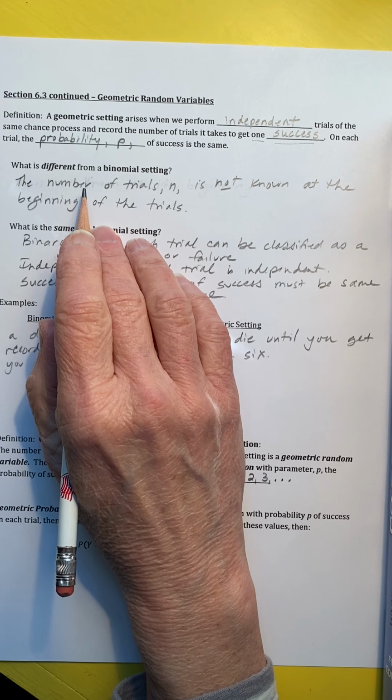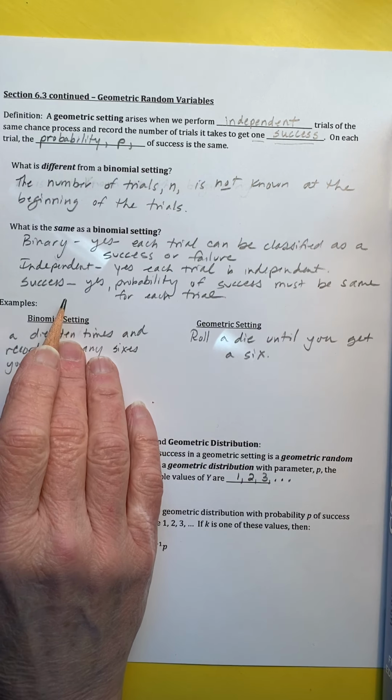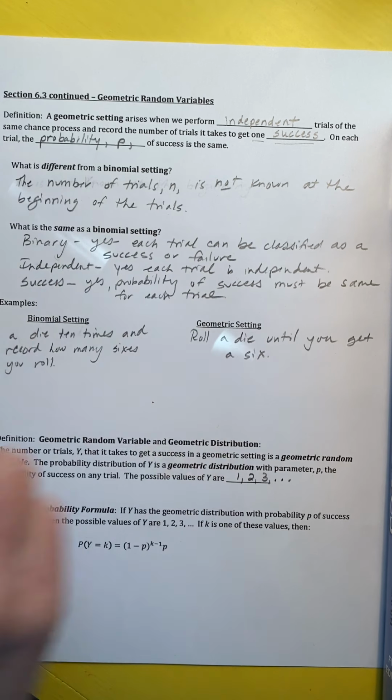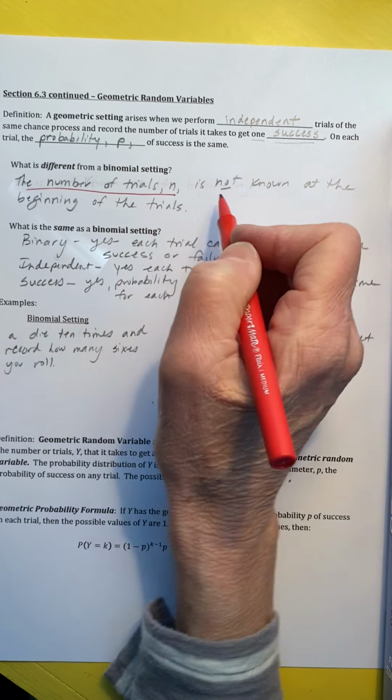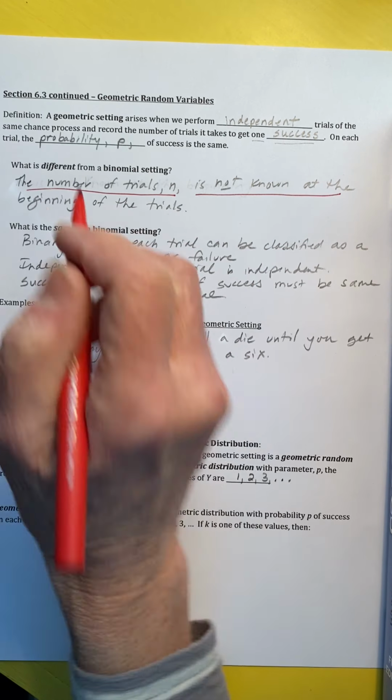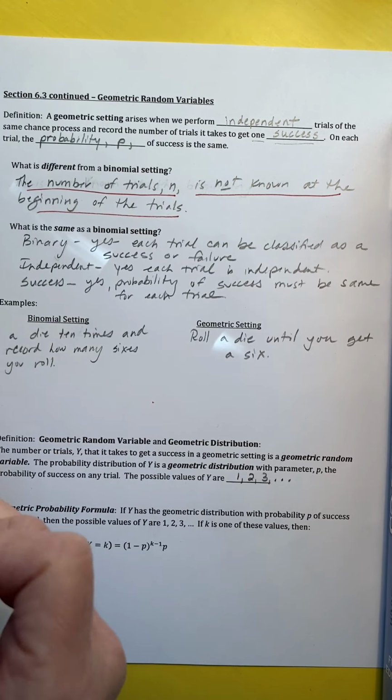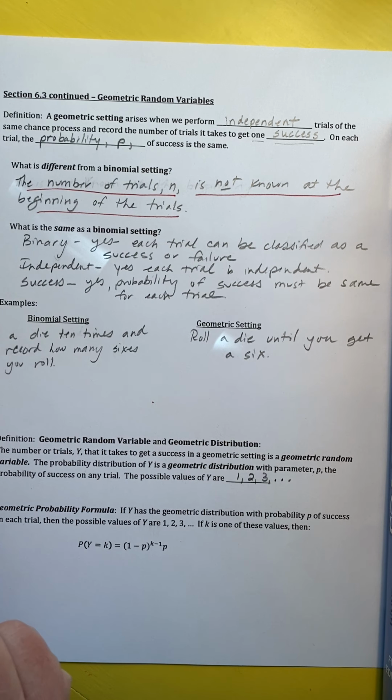So this is the big difference here. What is the difference with the binomial setting? The main difference is the number of trials, n, is not known at the beginning of the trials. So you do not know n at the beginning, whereas in a binomial you do.